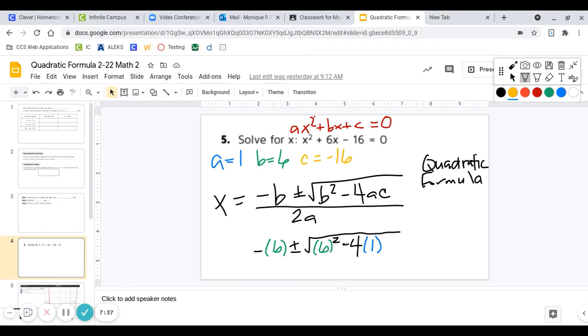Times c, which is negative 16. There's my division bar. And then 2 times a. So I'm going to stop, put in a, which is 1. So there is me plugging in the values for a, b, and c. That is step 3.